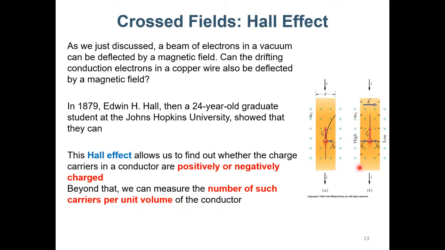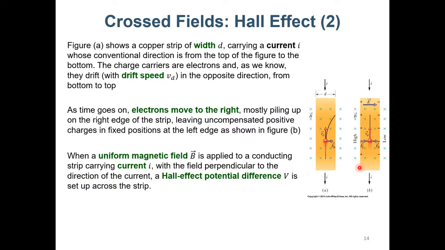So in this case, figure A shows a copper strip. It has some width. The width is small d, carrying a current I, whose conventional direction is from top to bottom. So the charge carrier is an electron.